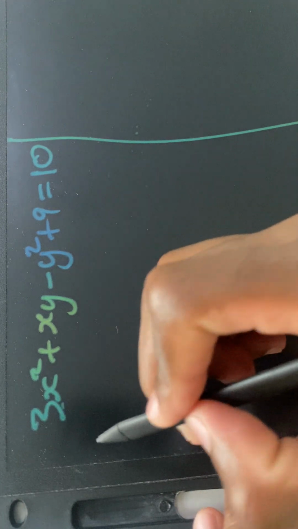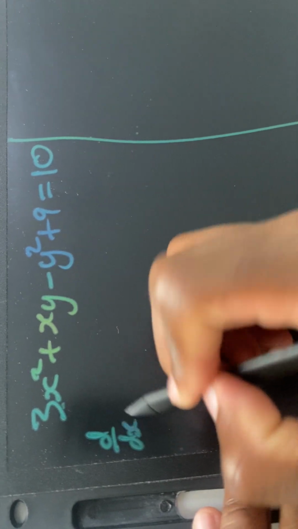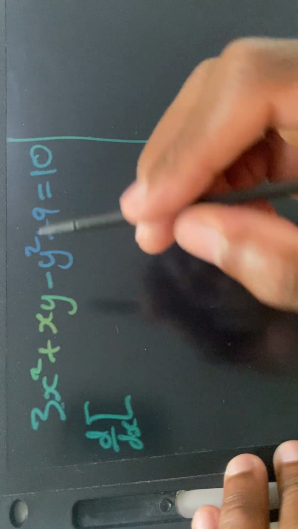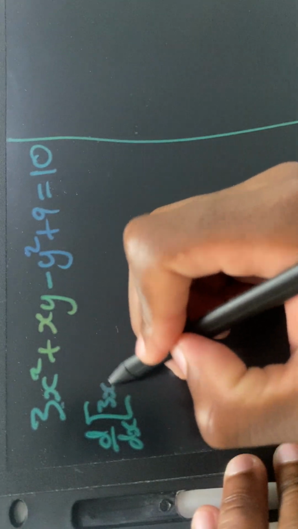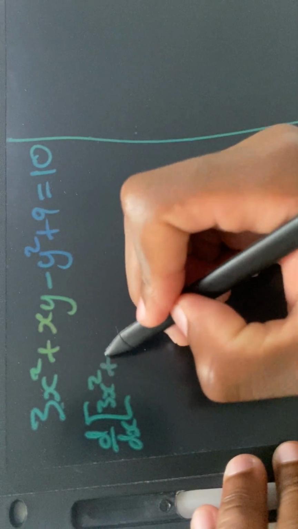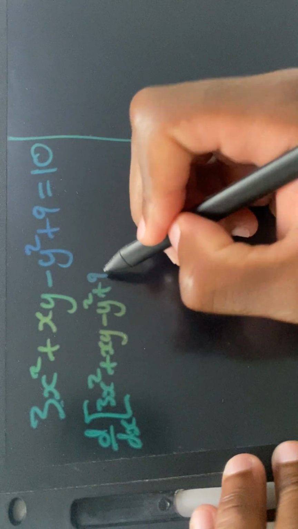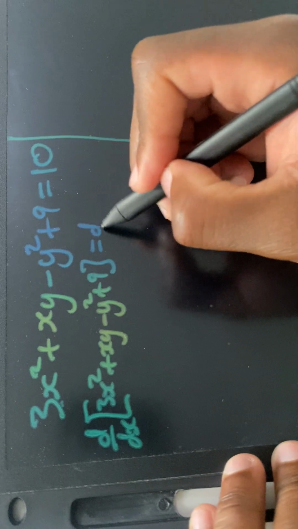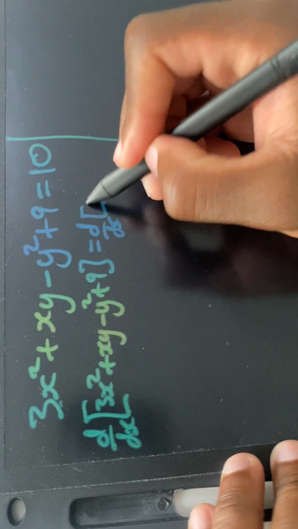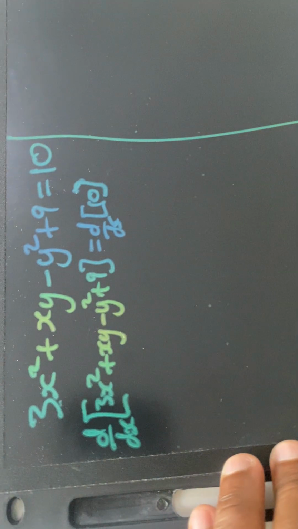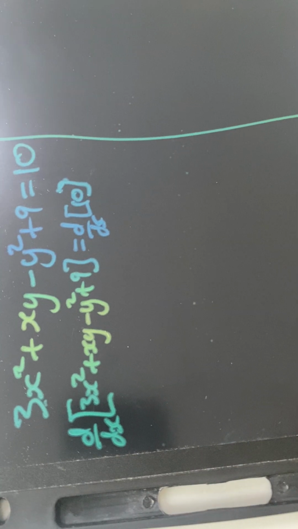First of all, we're going to say dx, which means we are finding the first derivative of this side, which is 3x squared plus xy minus y squared plus 9, isn't it, is equal to dx, which means we're just finding the first derivative of the constant, isn't it? So now, what did I say?